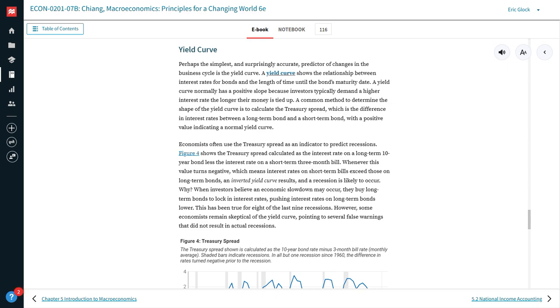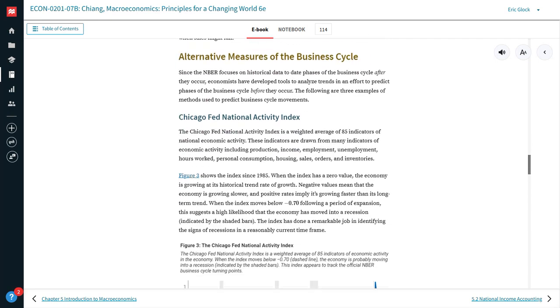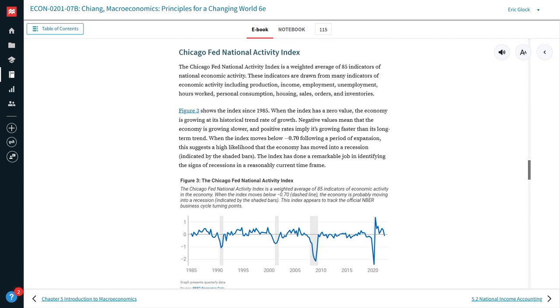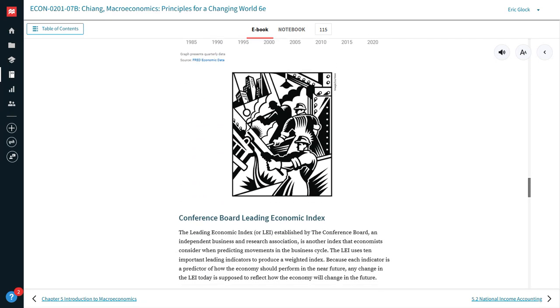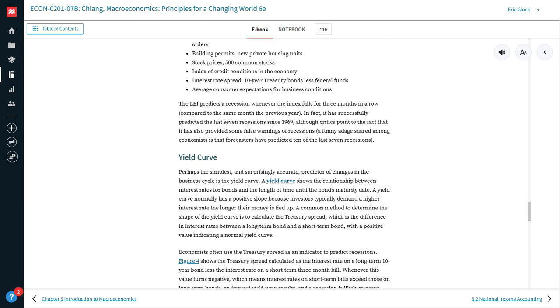The yield curve is one. We had a whole bunch of economists coming together with the NBER. That wasn't a number per se, but economists using somewhat different methods. And then we have the Chicago Fed Activity Index, 85 different economic things going on, and then 10 different economic things going on for that, right?